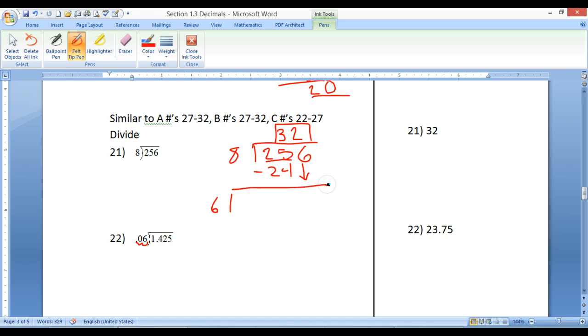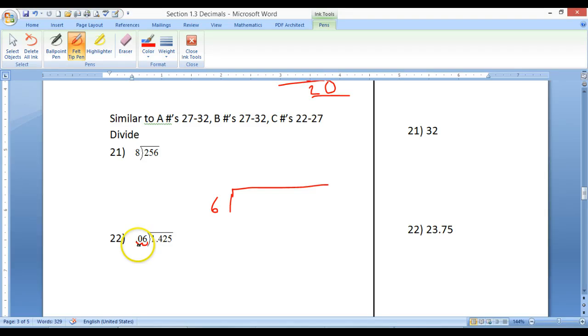I apparently didn't erase enough over here. Get rid of this so I can work some more. Okay, so now that 6 is a whole number. Good. But can I just go around, moving it over? Not unless I keep things equal. So if I've moved it over twice, 2 place values on the outside, then I need to move it 2 place values on the inside and in the exact same direction.